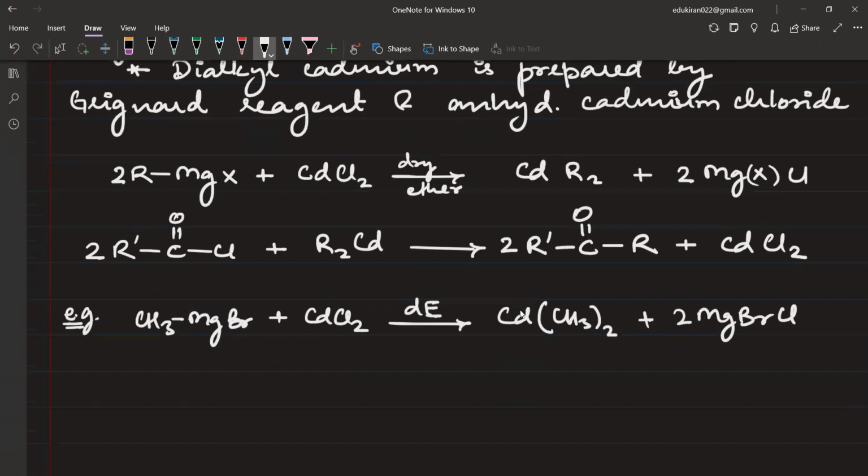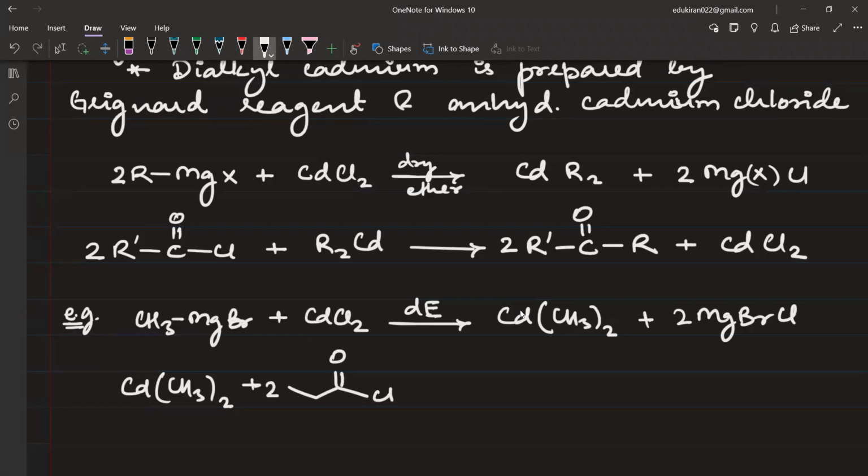Now this dimethyl cadmium is reacted with, let's suppose, a two-carbon acyl chloride, CH3 C double bond O Cl.